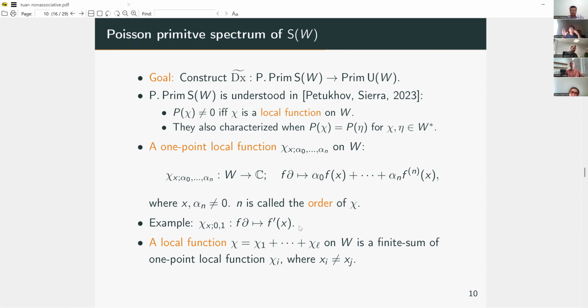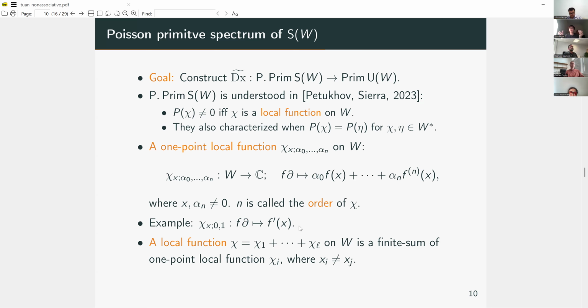The module induced by sending f del to f del is not simple. But the annihilators of these two representations are the same.